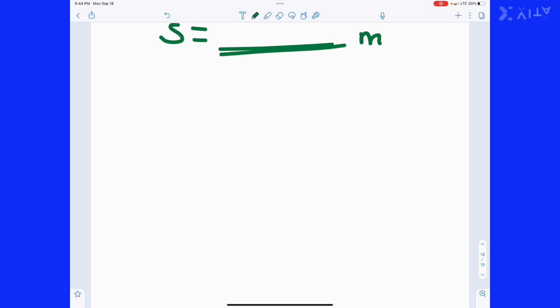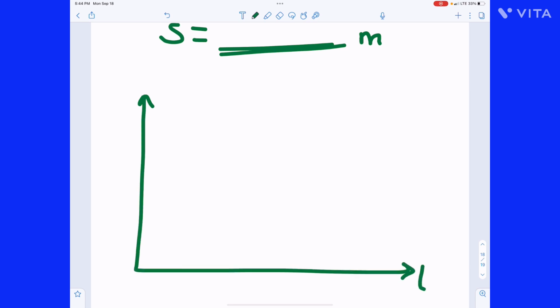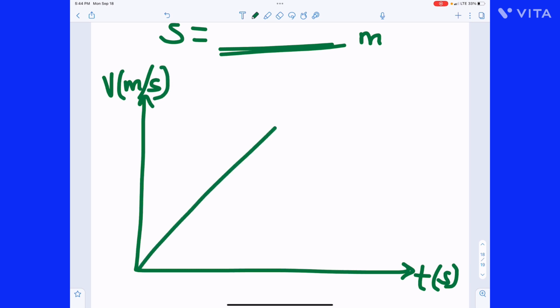Okay, I said I was going to draw a graph. Let me draw a graph for question 14. Time in seconds, velocity in meters per second. Time 15 seconds, acceleration 1.5 meters per second squared.